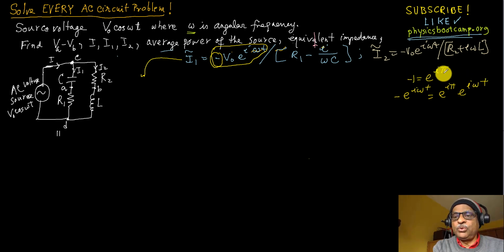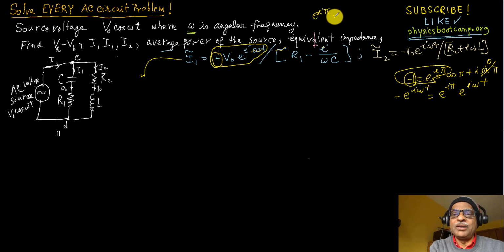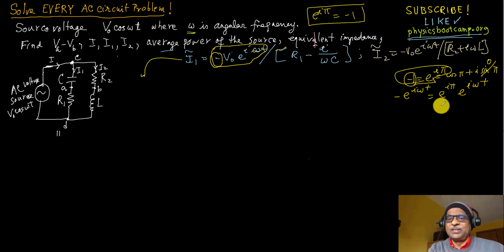How do I know that's the case? That's cosine pi plus i sine pi, and the sine goes to 0. So minus 1 can be written in a complex way, in a very nice way. It's actually one of the most beautiful equations: e to the i pi equals minus 1. Good to remember.